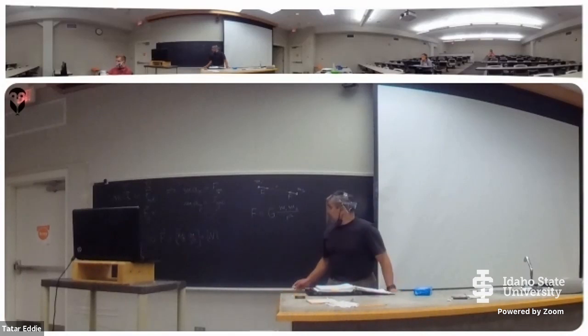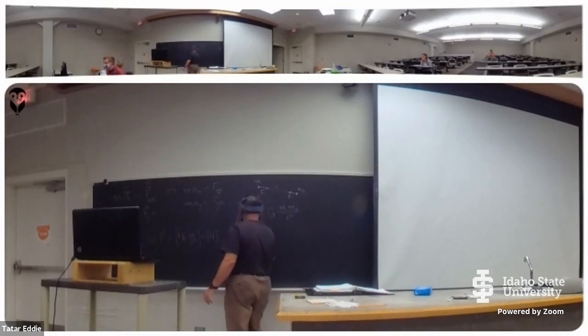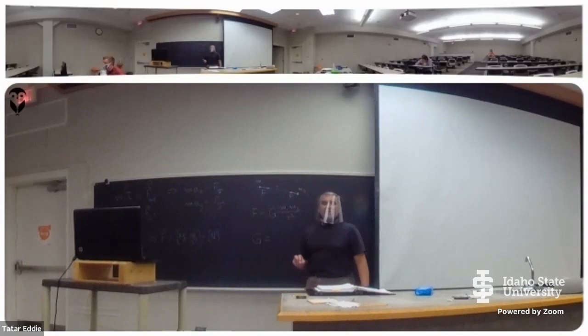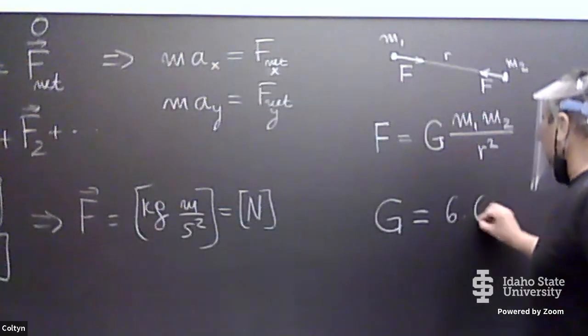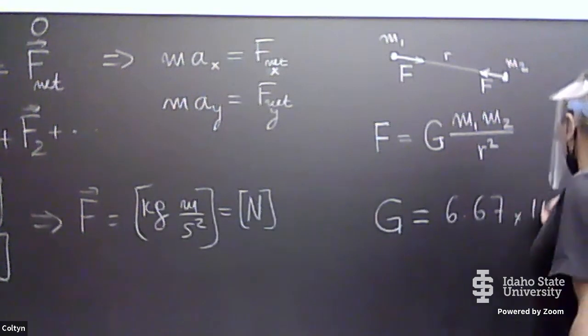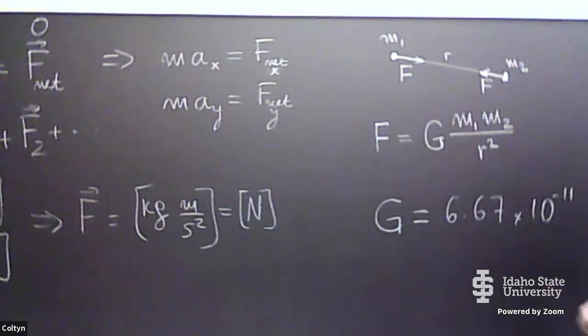The value of Newton's gravitational constant G is 6.67 times 10 to the negative 11 in appropriate units. You don't need to memorize, of course, the numbers. They're always going to be provided for you.